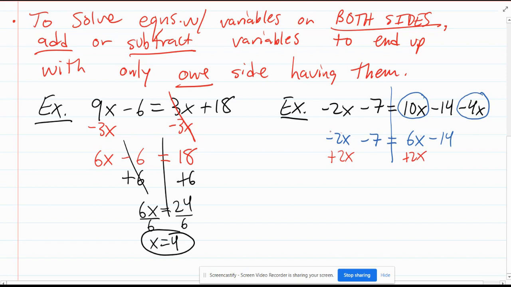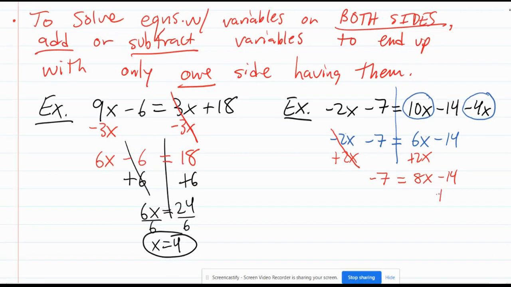And in doing so, negative 2x plus 2x would be eliminated. I only have negative 7 on the left. And on the right, 6x plus 2x gives me 8x minus 14. So I added 2 x's to both sides, so that in doing so, I ended up only having them on the right side.